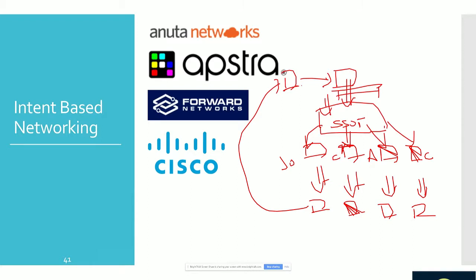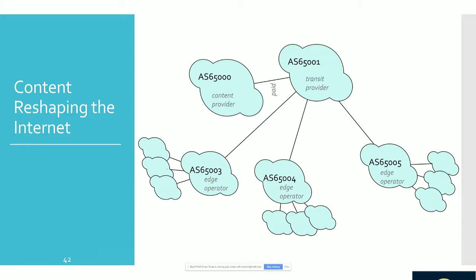And that gives me a feedback loop back. So where this goes is ultimately potentially things like self-healing, which is an overused term, but it does have some kinds of meanings. So who are people working in this space? Well, Avi Networks and Anuta and Apstra and Forward Networks, and Cisco actually has some work going on in this area as well. So intent is really, really interesting, and it's an interesting thing that's going on right now.